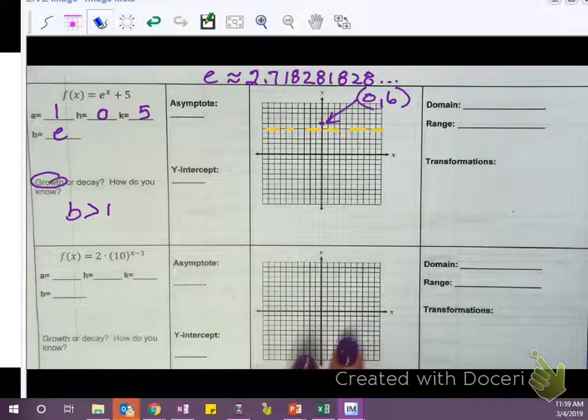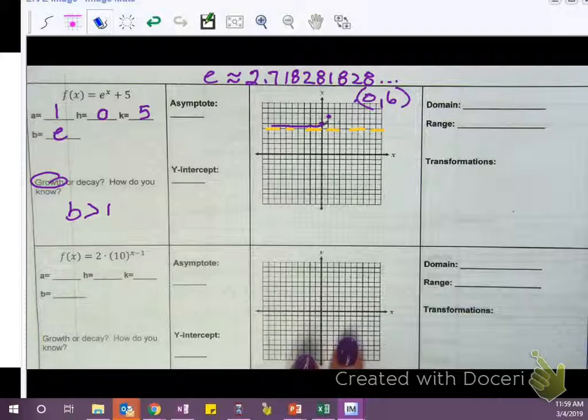Now it's at 0, 6. My other value was at 1 comma the base. 2.78 is a little less than 3, so it was at 1 comma 3. Now it's moved up 5, so it's at almost 8.